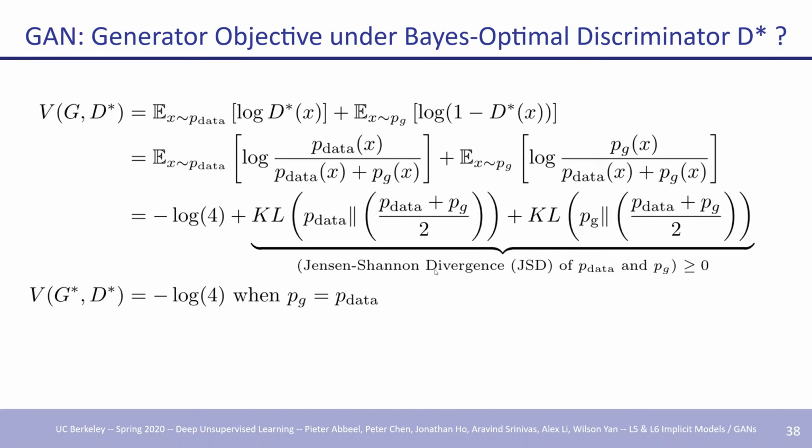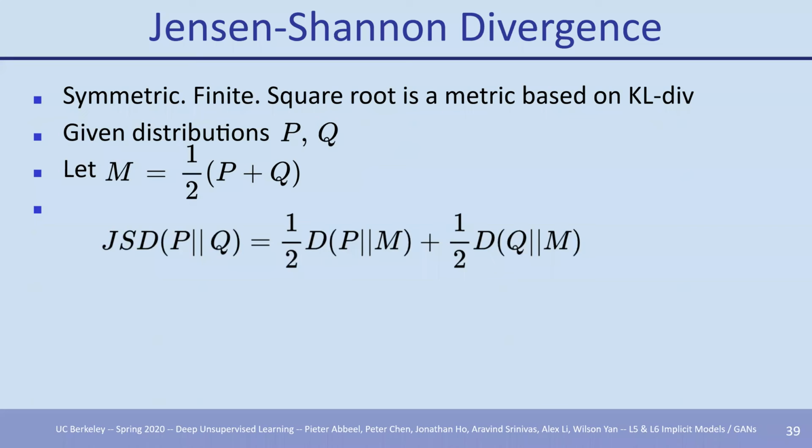There are a bunch of assumptions in the middle, but that's the idea. So instead of KL divergence, we have this kind of smoothed out version of the KL divergence.